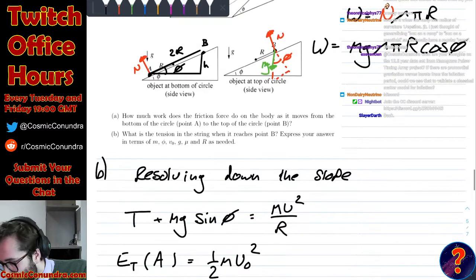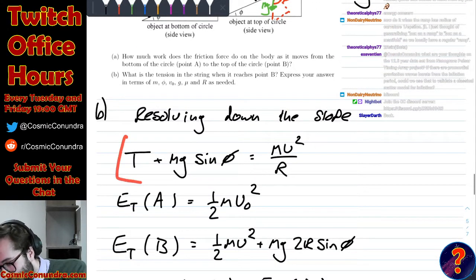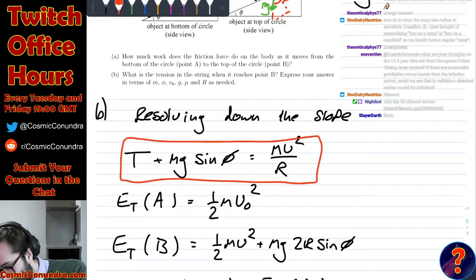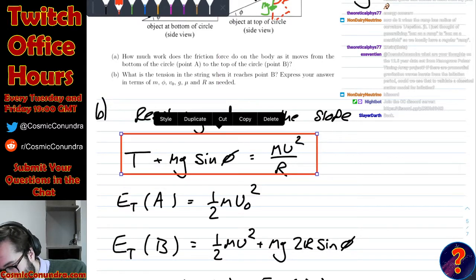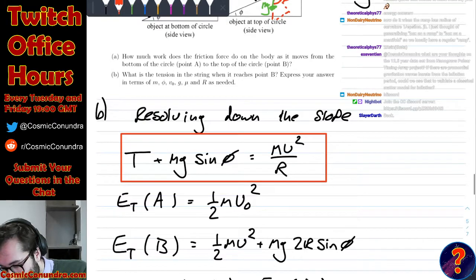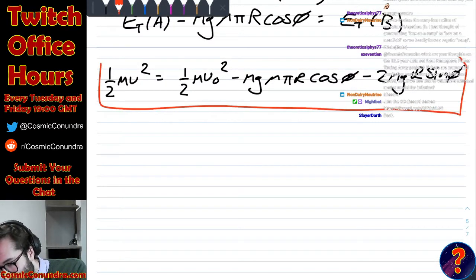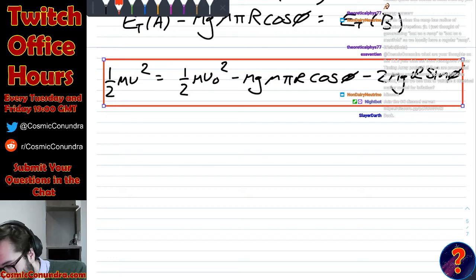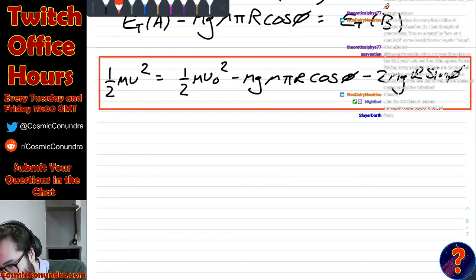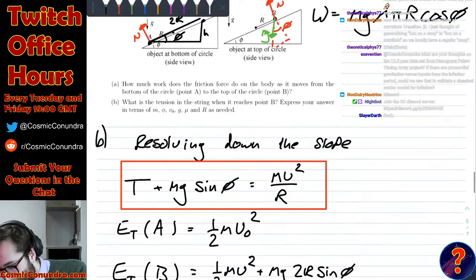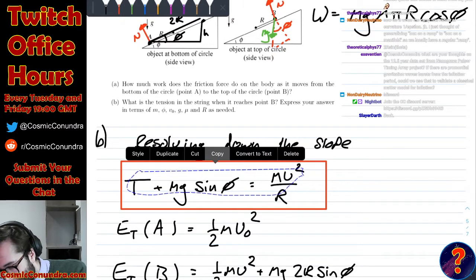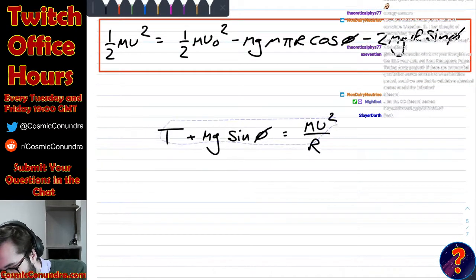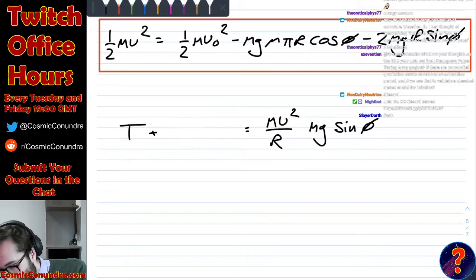And remember, it's the tension we're trying to find, so we've written down our equation for the tension here, as you can see. So now we're just combining this equation with this equation, and we can quite straightforwardly write down an expression for the tension. So from here, the tension is given by m v squared over r minus mg sine phi.